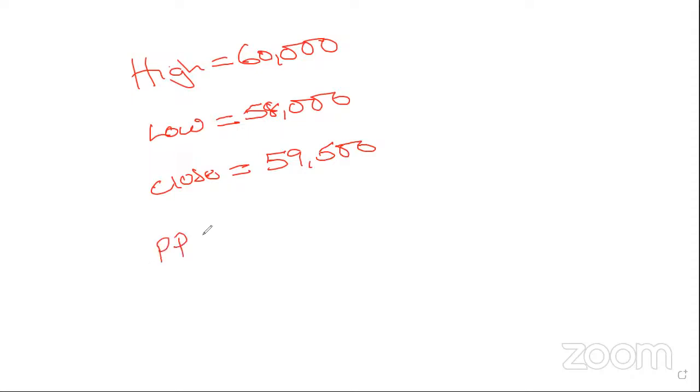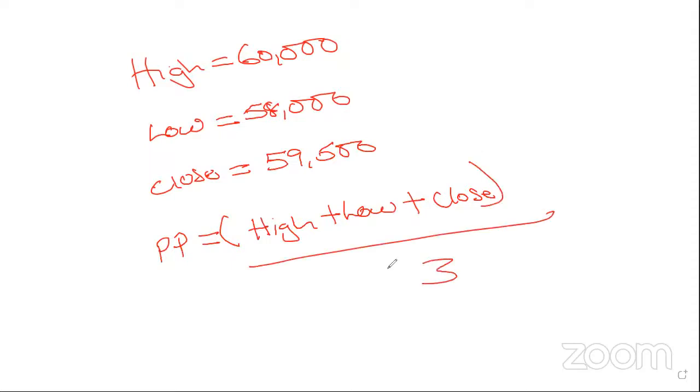Now, what are pivot points? PP stands for pivot point. The pivot point is the high plus the low plus the close, all of this divided by 3.